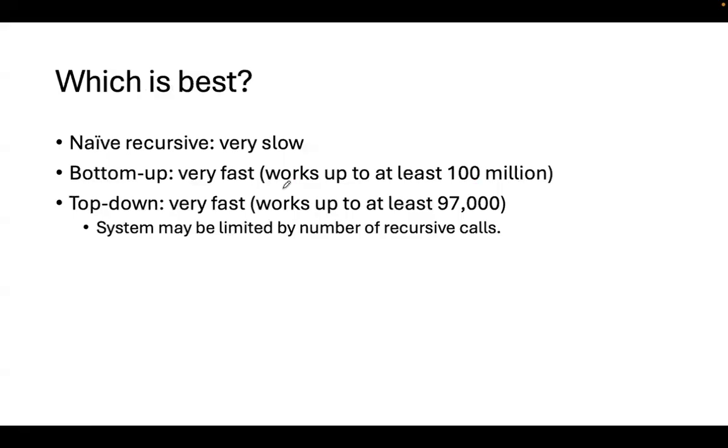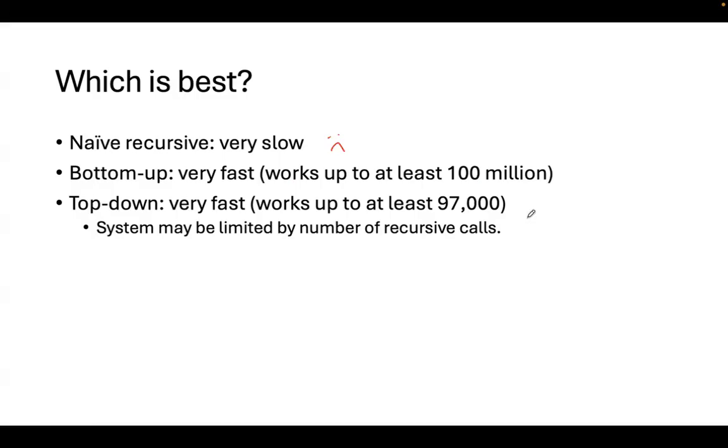Okay. In terms of which is best, it depends on what system you're working with. The person who wrote the pseudocode for this tested the naive recursive, which is very slow and not recommended, which is what we see for Fibonacci as well. Bottom up is very fast. It works for many, many solutions.